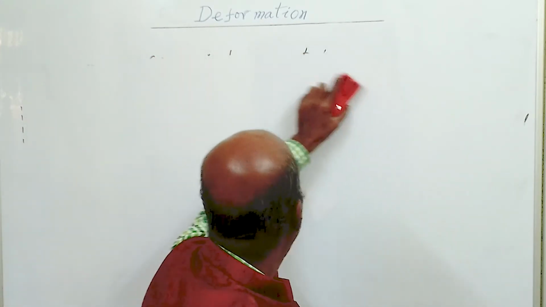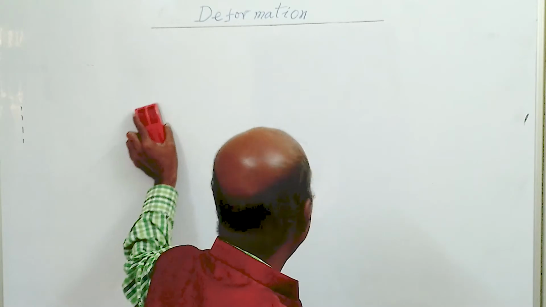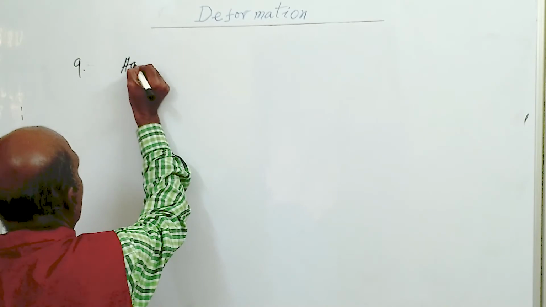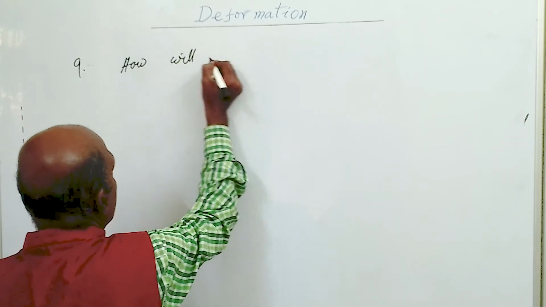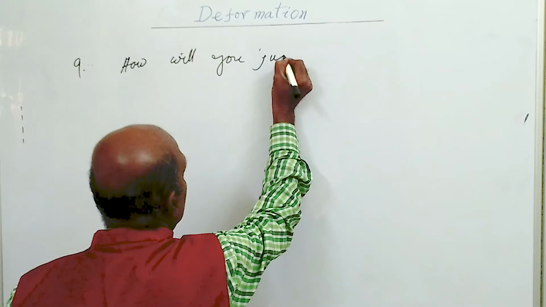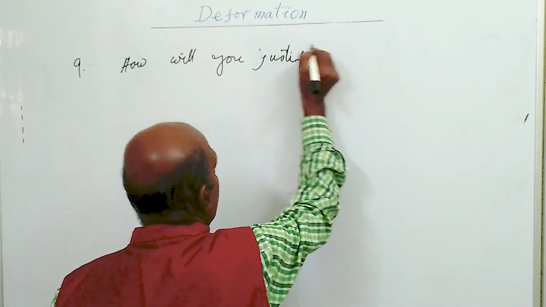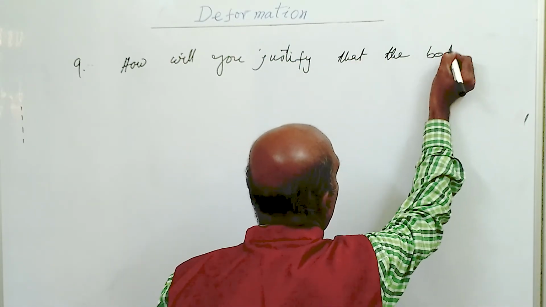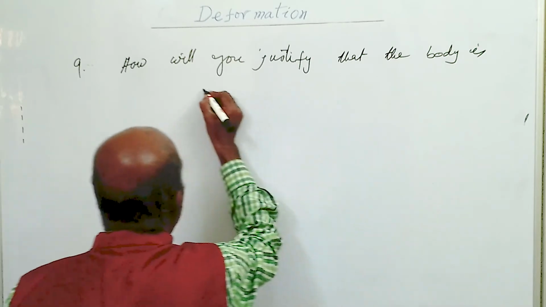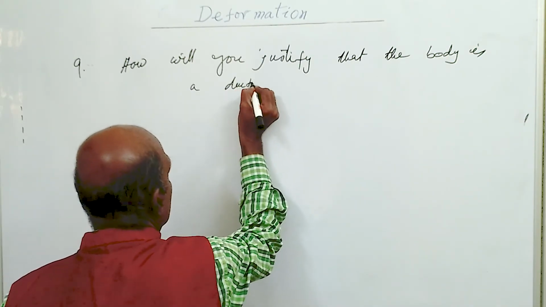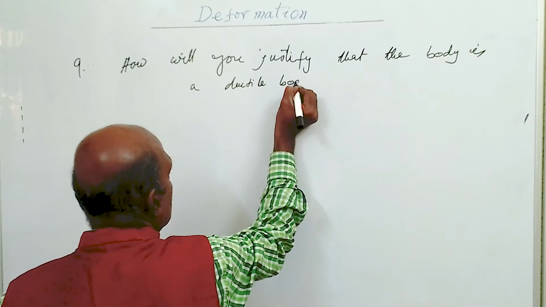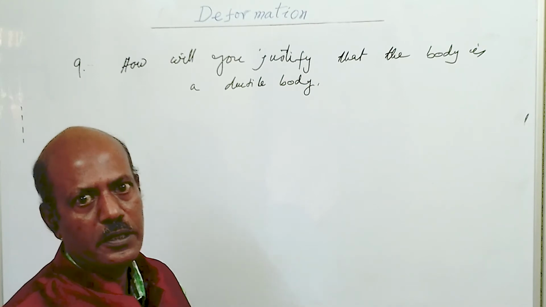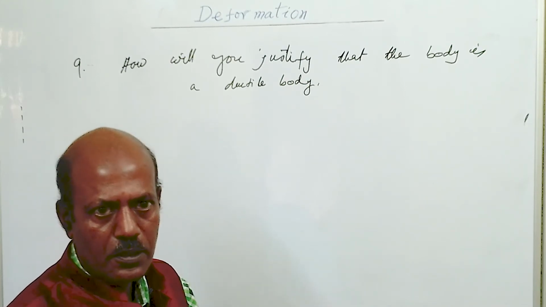Next, we will see how we justify that a body is a ductile body. A body is given to you, and you have to say whether that body is ductile or brittle.